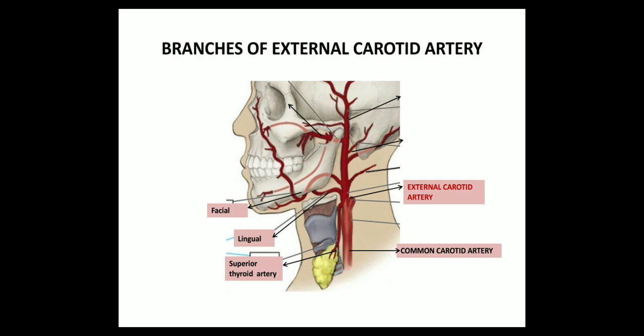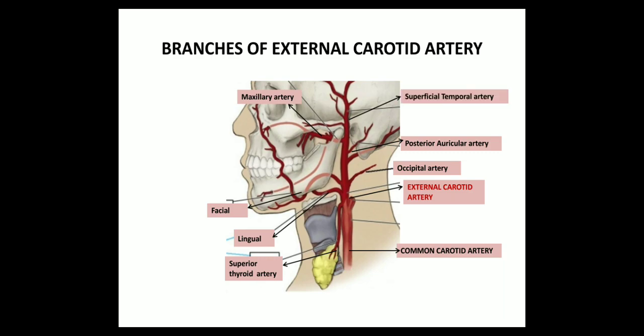The posterior branches include occipital artery and the posterior auricular artery. The medial branch is the ascending pharyngeal artery. Here in this picture it is not visible. The terminal branches include the maxillary artery and the superficial temporal artery.